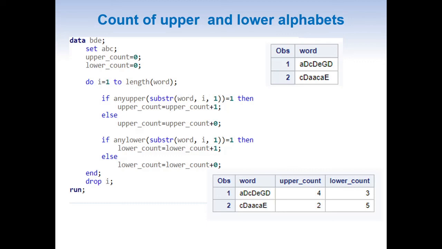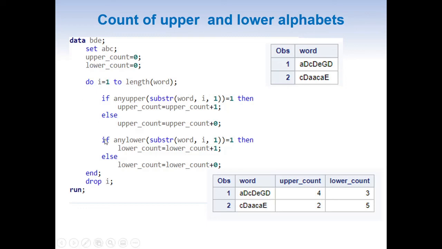If you see this code, there are only 2 changes from what you have seen earlier. The first is that I'm creating a new variable, lower underscore count, which is needed to capture the lowercase letter count.